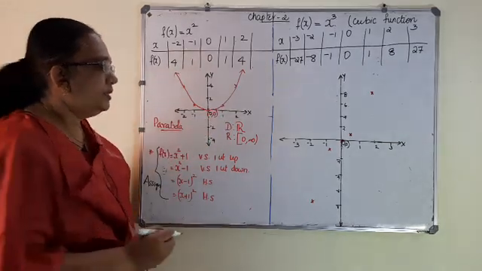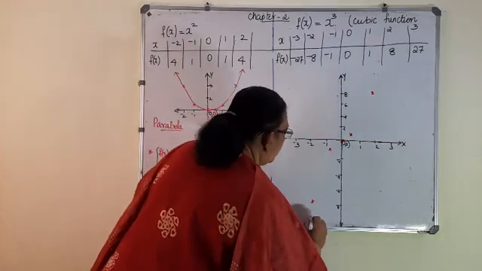Now, what you do is, you join the points by a smooth curve.